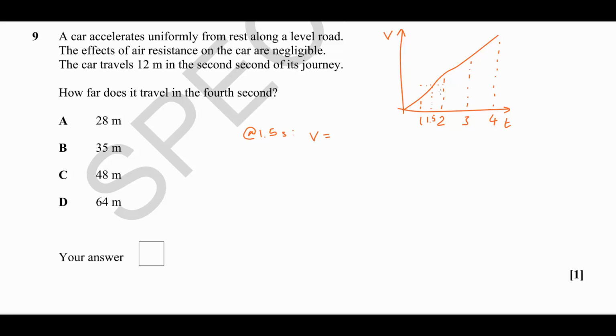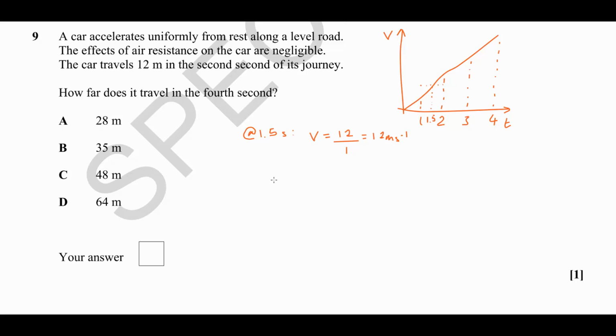So we're finding here the average speed of that second, which is 12 meters, divided by the time over which it takes to travel that. Now be careful here, the time is not 1.5, the time is 1 second. That's the time it's taken to get from second 1 to second 2. So that gives us a velocity of 12 meters per second on average in that second, which is also the actual velocity at 1.5 seconds.